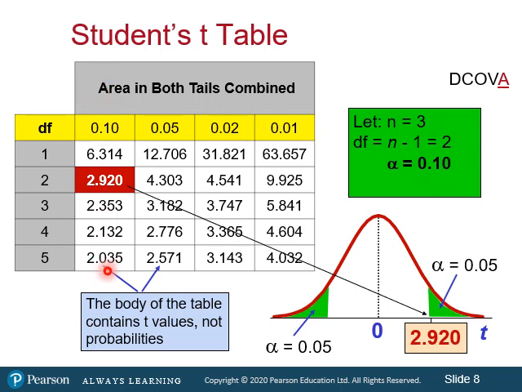So the column here 10%, degrees of freedom 2, and the number that you get here is 2.920. This will be used here, this is what we call the critical value. Okay, here the table is slightly different from what you got in your normal distribution. The numbers given inside the table here are not probability values. They are actually t values.